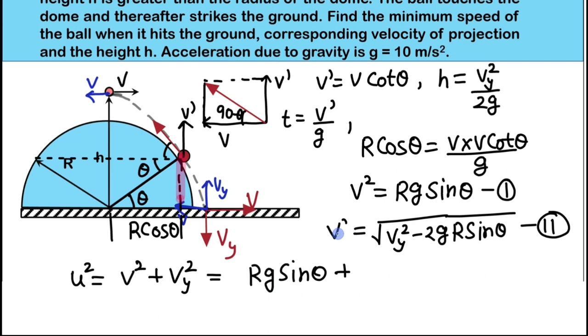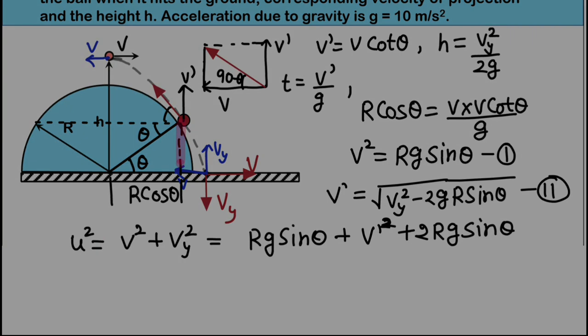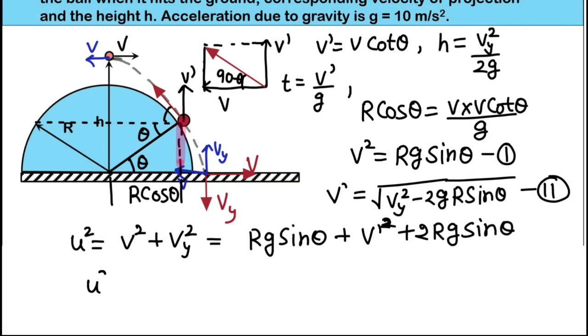And v dash can be determined in terms of v cot theta, right? So basically, let me write the first part as whole. So v dash square plus 2rg sine theta, right? And v dash square will be equal to v square cot square theta. So now we'll get u square as rg sine theta plus 2rg sine theta, that is 3rg sine theta, plus v dash square, that is v square cot square theta.